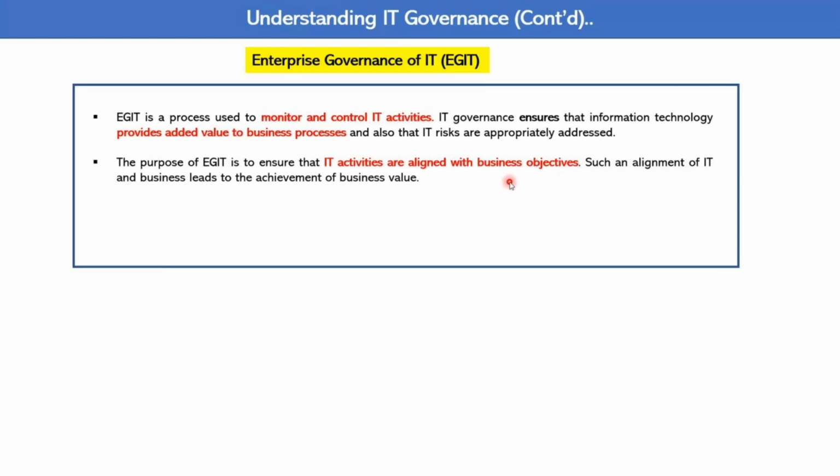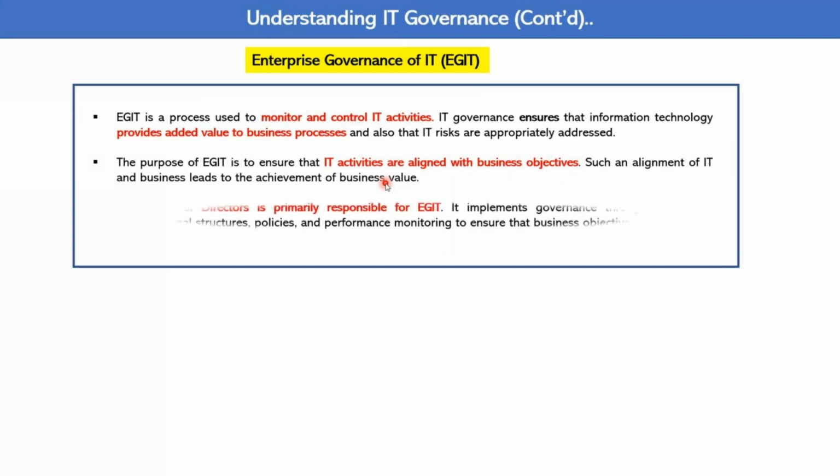They need to have very effective collaboration and communication with business. So what is the benefit of alignment? The alignment of IT and business leads to achievement of business value. Who is responsible for enterprise governance of IT? The board of directors, they are primarily responsible for EGIT.